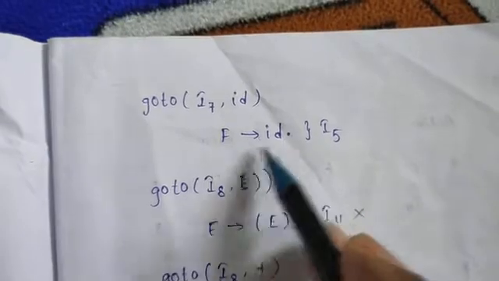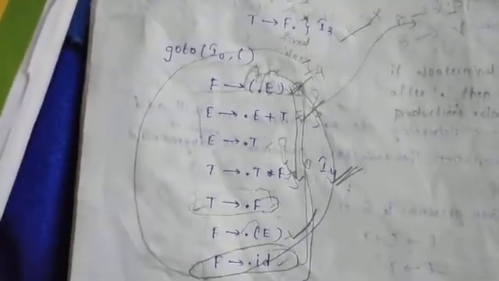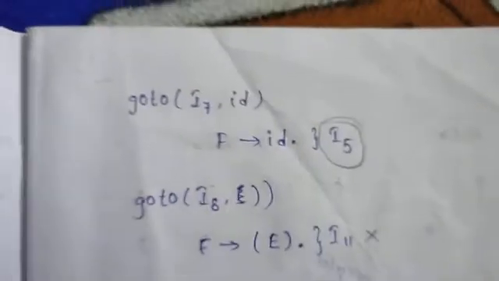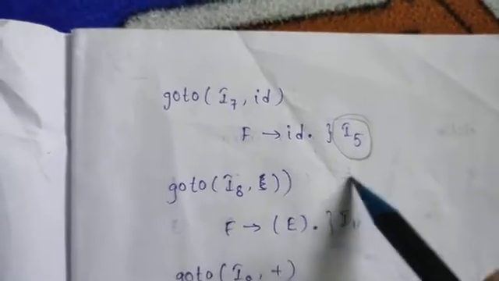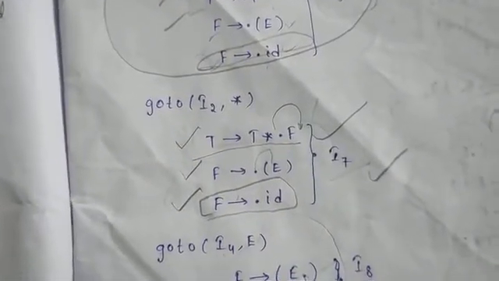Okay, then this is a single production. Before naming that one it will check with I0, I1, I2, I3, I4, I5. It will match with I5. For that reason it should be named as the I5 state. It already exists. Okay, so the total I7 contents should be completed.